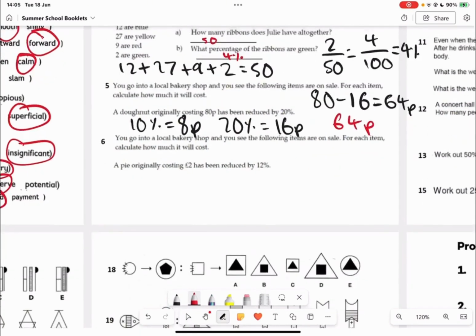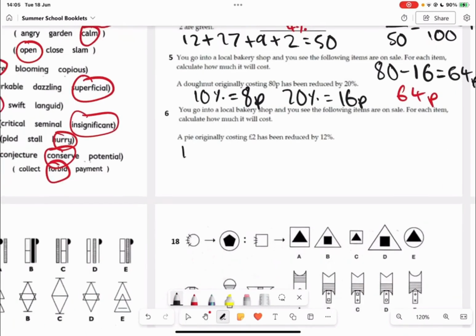Okay, question 6. You go into a local bakery shop and you see the following items are on sale. For each item, calculate how much it will cost. So a pie originally costing £2 has been reduced by 12%, so we find what 12% is. First we know what 10% is. 10% is equal to £2 divided by 10, which will give us a value of 20p.